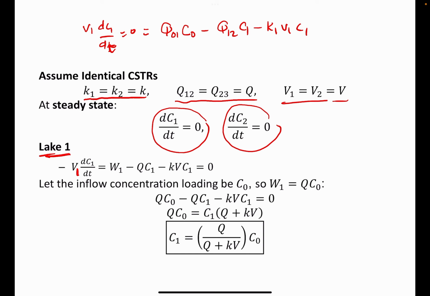let's look at C1 here. If you want to do C1 and take C1 as a common factor, that's going to give you Q01 C0 over Q12 plus K1 volume 1.